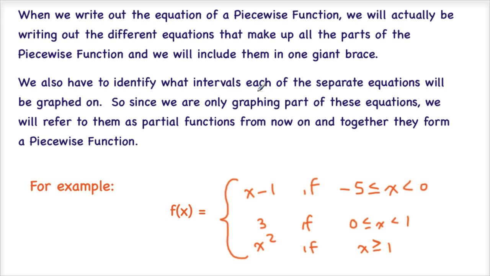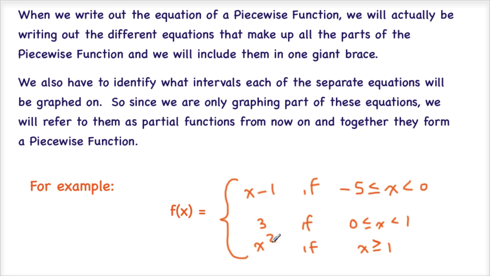So we identify the intervals on which each equation is graphed, and from now on, I'm going to refer to these as partial functions. So these separate partial functions together form an entire piecewise function f of x.